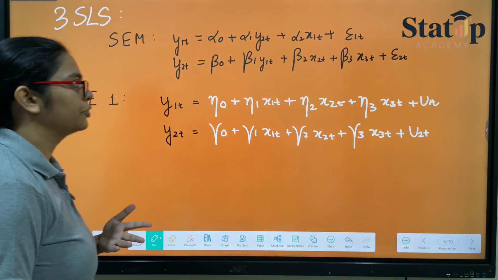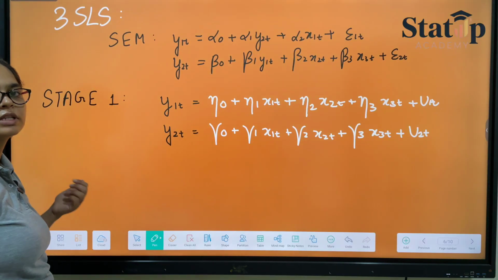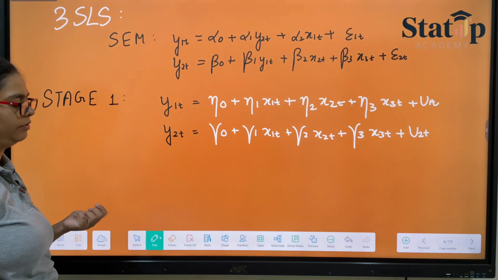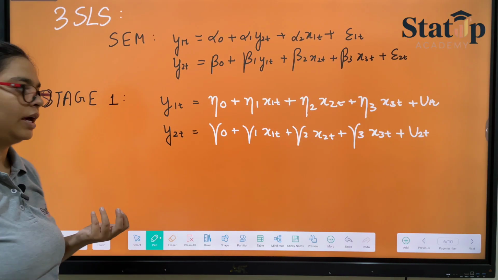These are the two reduced forms of the simultaneous equation model that we have been given. Now solving equation by equation again.